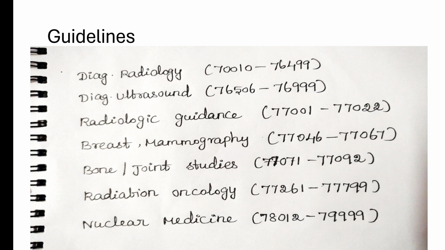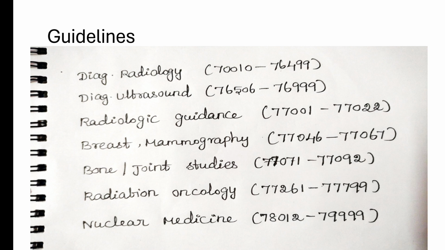So now let's talk about the radiology coding guidelines. The codes are categorized based on these topics, that is diagnostic radiology. Code ranges from 70010 to 76499. Diagnostic ultrasound code ranges from 76506 to 76999.